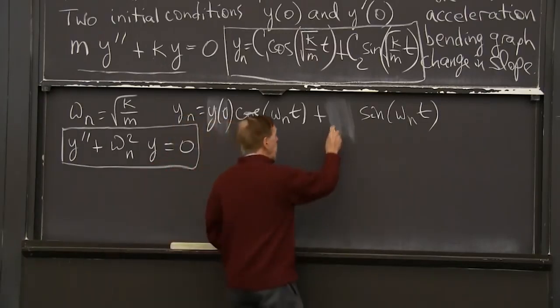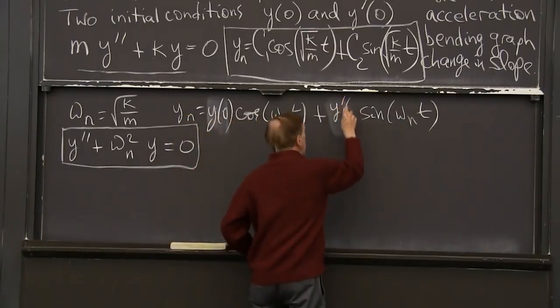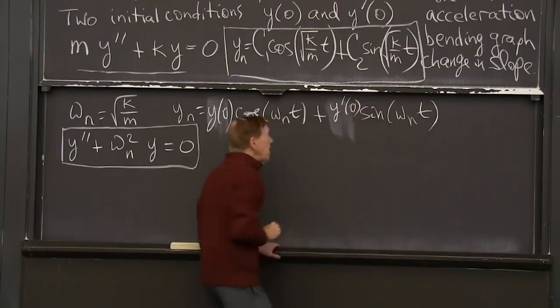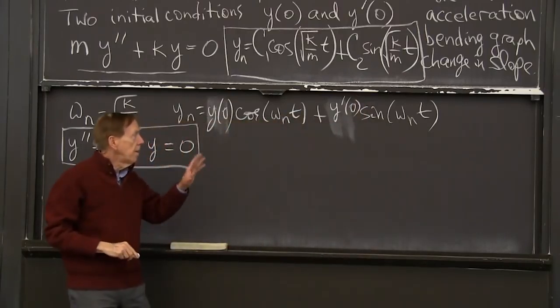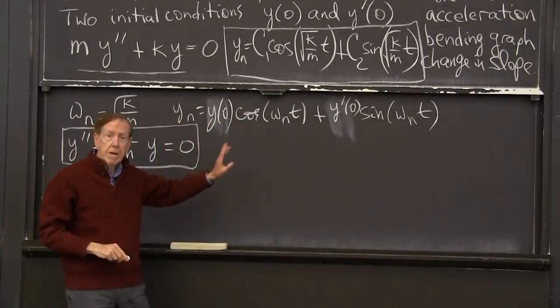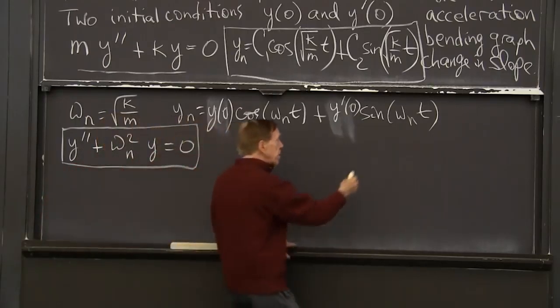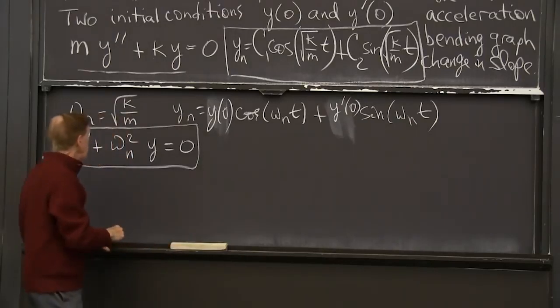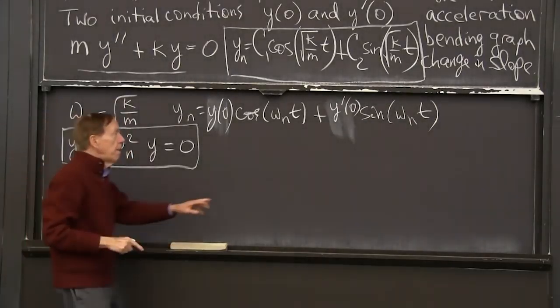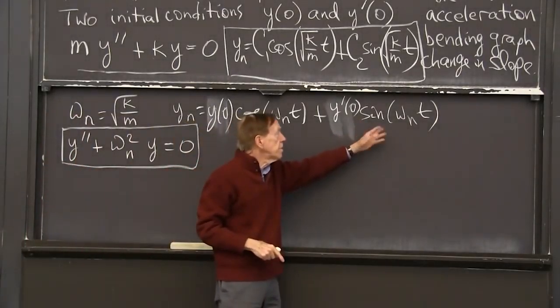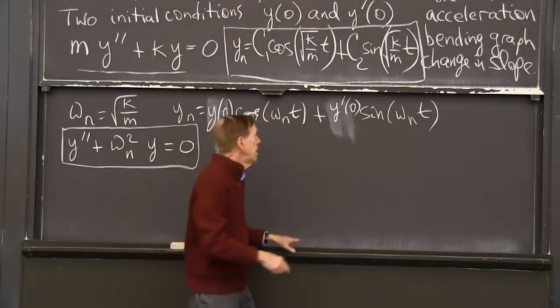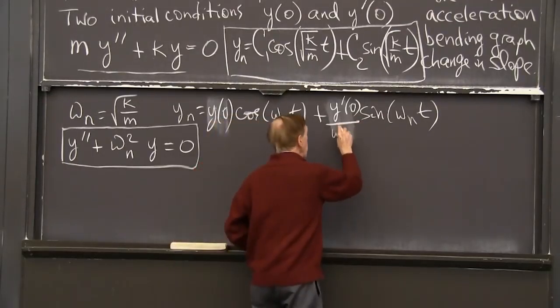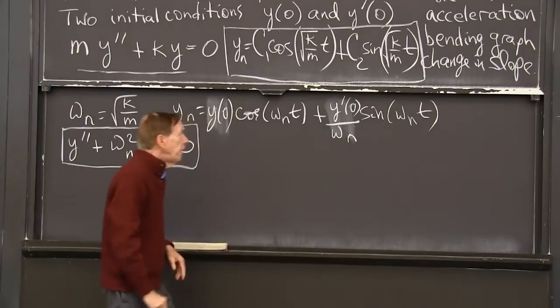And I want y prime of 0. But I don't just want y prime of 0. Do you see that that doesn't have the right derivative at t equals 0? Because when I take the derivative in omega n, that constant, the derivative of this will bring out an omega n, so I better have an omega n down here to cancel it. And now I've got it.